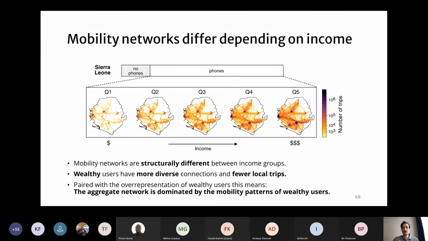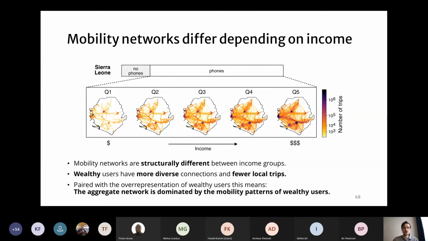They have more diverse connections, so they have connections into more different regions, and they have fewer local trips. Whereas on the left, the mobility network is more clustered locally, and on the right, it is more connected over long distances also. And the problem is then that in the aggregate network, because of this imbalance that the wealthy users produce more trips, the overall network is biased towards the mobility patterns of wealthy users.